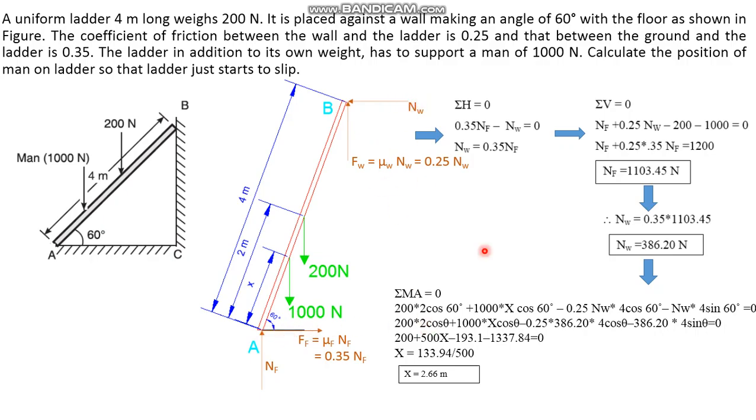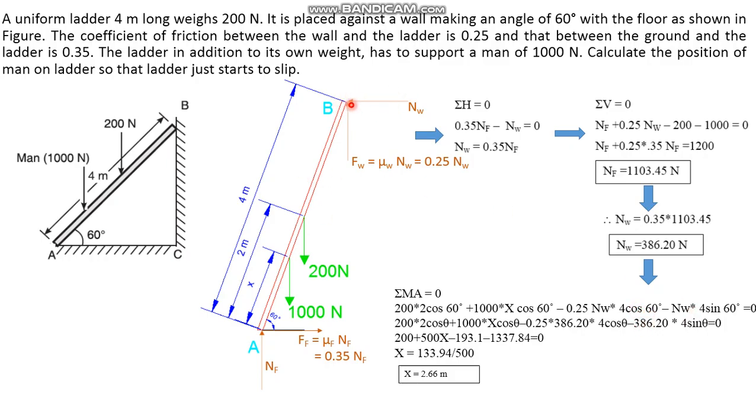Next is 0.25 NW into this distance, with a minus sign because it is going anti-clockwise: 0.25 NW into 4 cos 60. The length of the ladder is 4 meter and the angle is 60, therefore 4 cos 60.